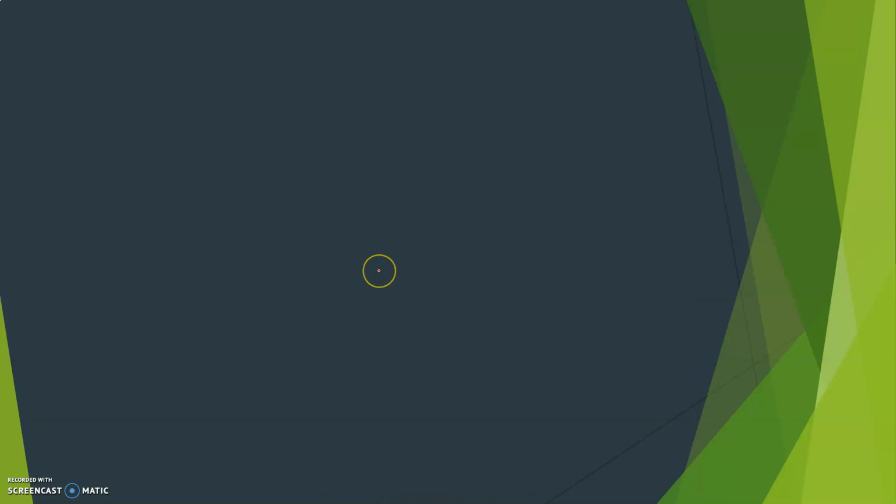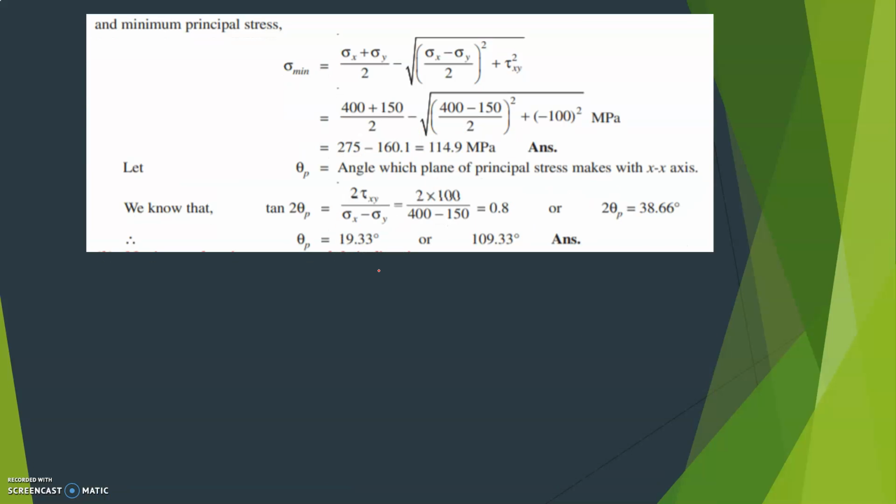Next, what you have to calculate? You have to calculate the minor principal stress or minimum principal stress, that is given by this equation. Sigma minimum is equal to (sigma x plus sigma y) divided by 2 minus square root of ((sigma x minus sigma y) divided by 2) whole square plus tau square xy. Substitute, you get minimum principal stress is equal to 114.9.